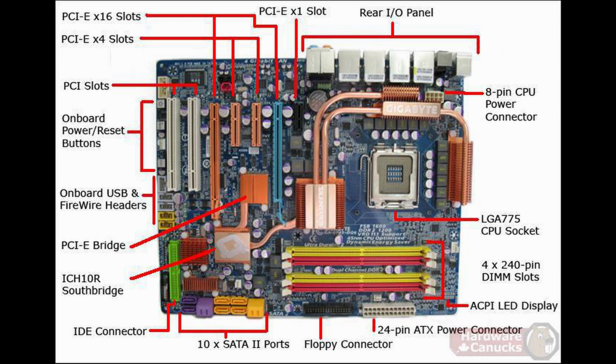The motherboard also has connection points for power for stuff like the CPU, which uses either an 8-pin or a 4-pin connector for the power, and the actual slot for power for the motherboard itself, which is usually a 20-pin or a 24-pin connector. And finally, the motherboard also has connection points for stuff like hard drives and SSDs.